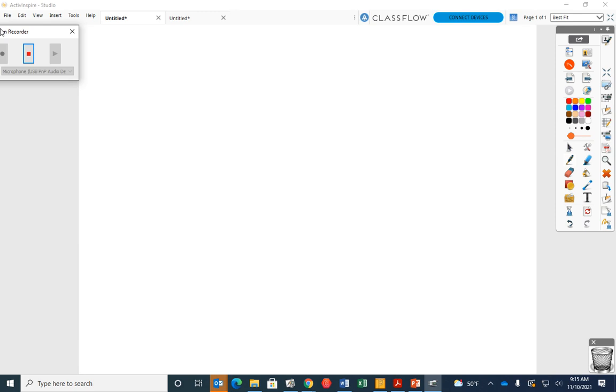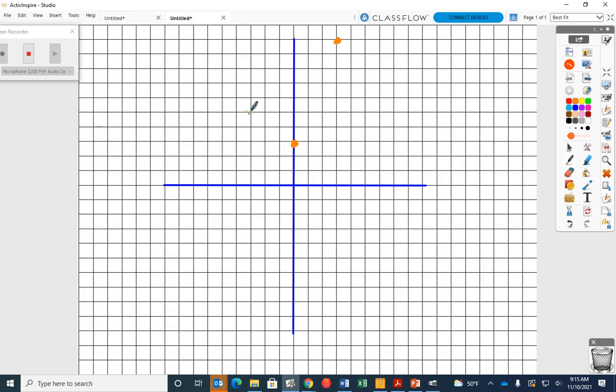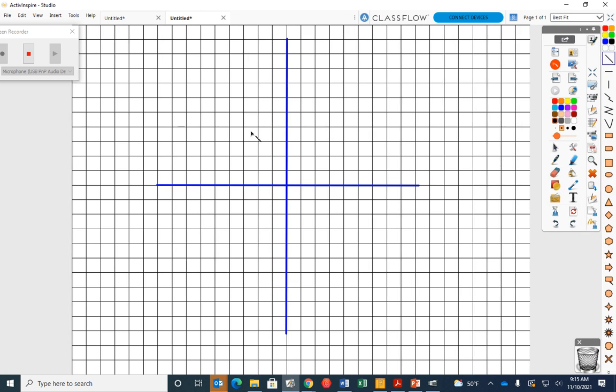Okay, let's just say I had a line right here. Could you tell me where that crosses the y-axis? At 3.